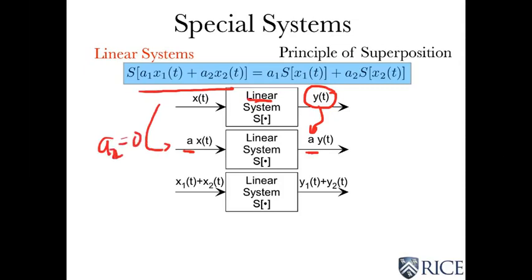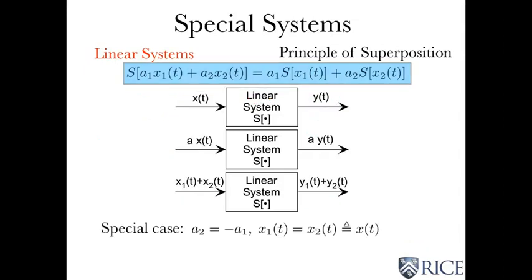Okay. Then the other case is just as I described in some detail. If you just decompose a signal into a sum, the system's output to that sum is the sum of the outputs to each. So that goes just to the detail of what we said before. But this result, turns out, has a very interesting consequence. So let's consider a special case. a2 is the negative of a1.